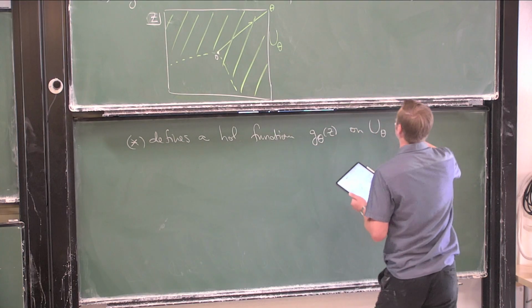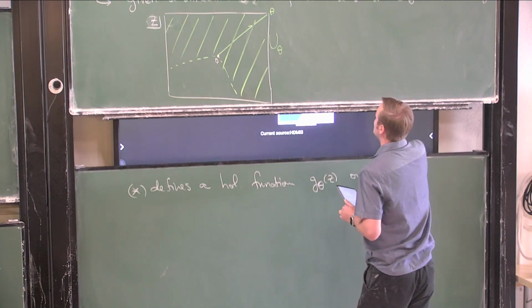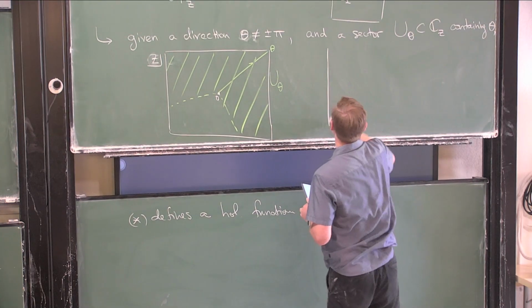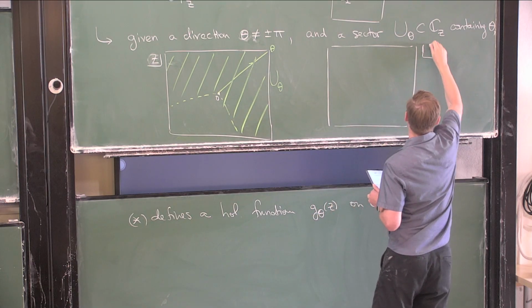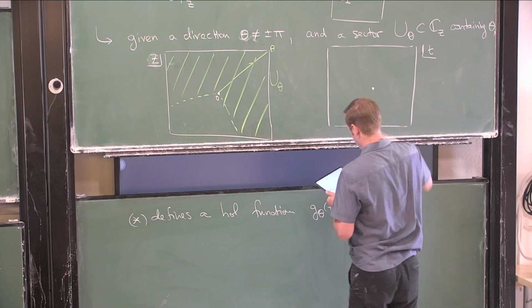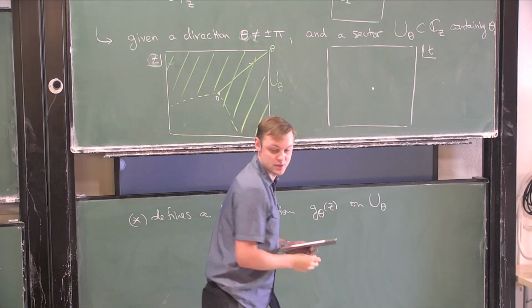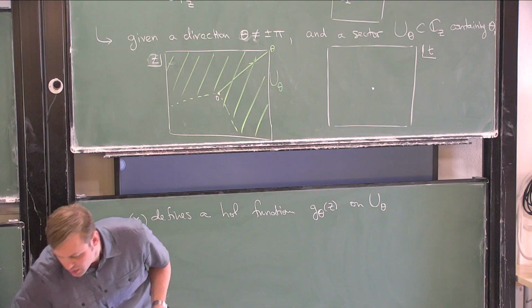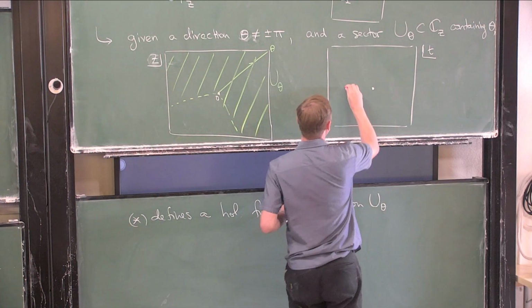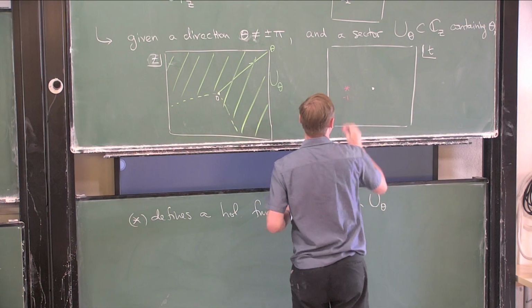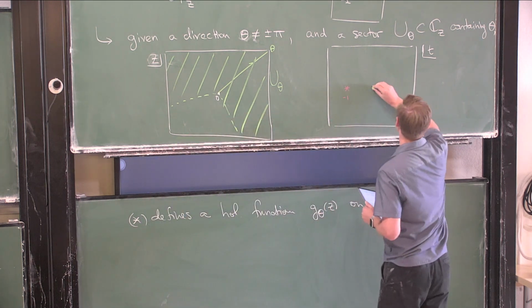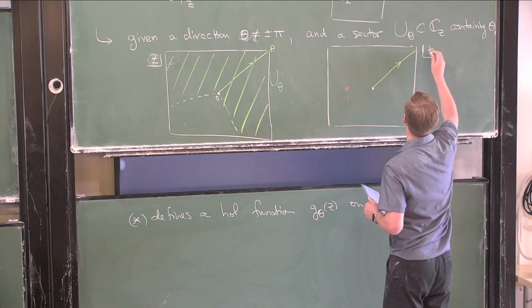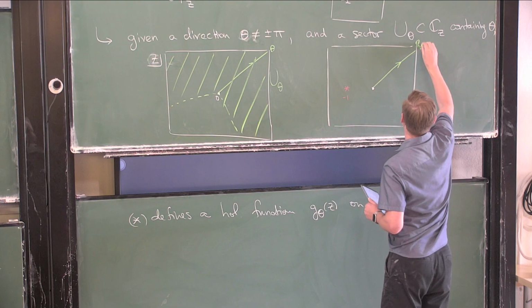So maybe I can draw an image. What I mean is that in the t-plane, there is this hole at -1. And then we start with this direction r sub theta, right?